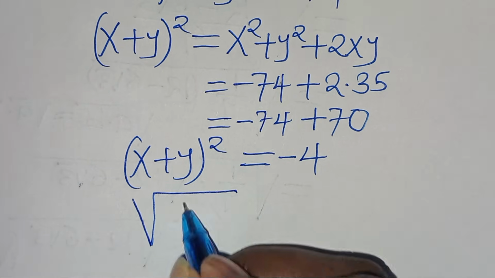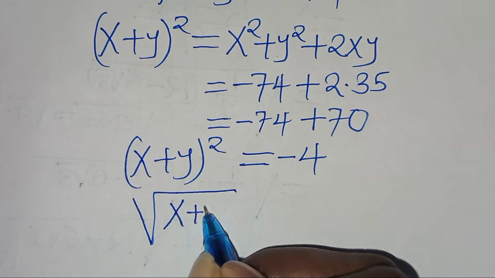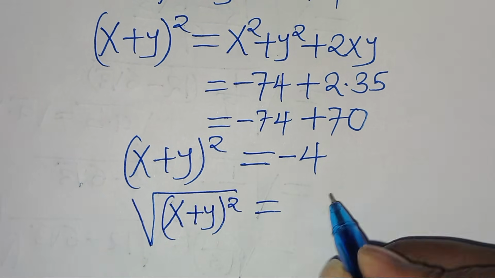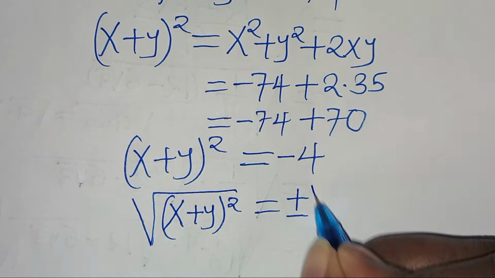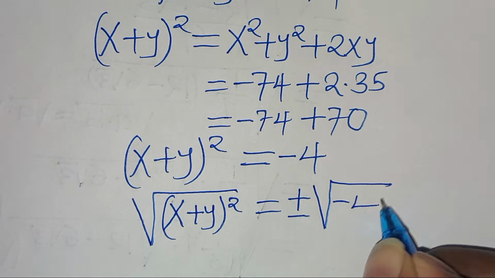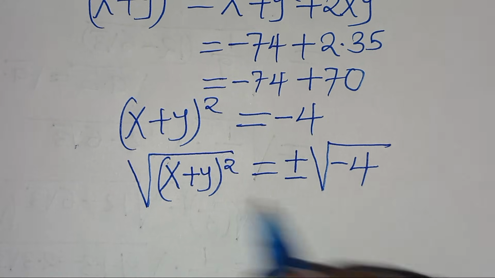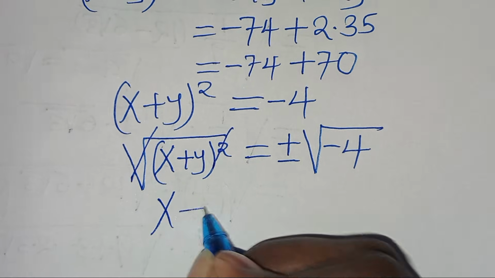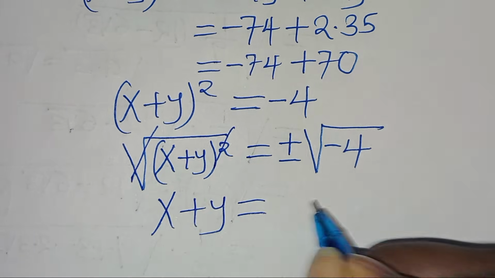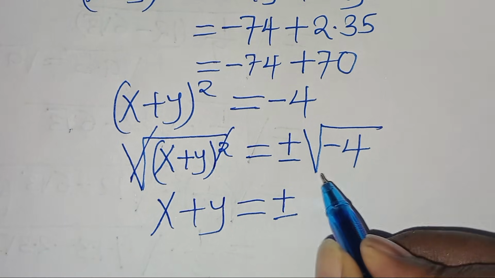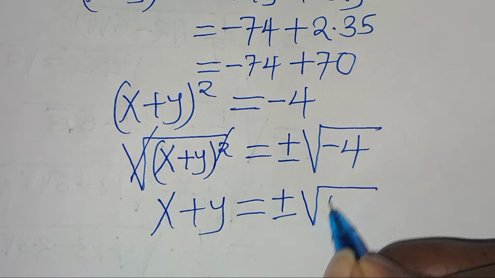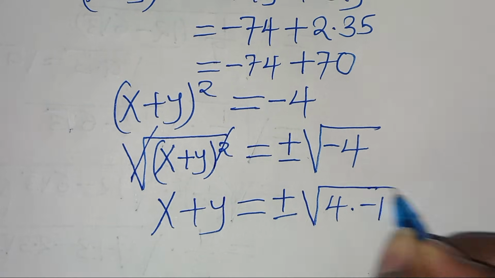And this means that to solve for the value of x plus y here, we introduce a square root on both sides, so that we have x plus y raised to the power of 2. This is equal to plus or minus the square root of minus 4. And that means that we eliminate the square root sign here, so that we have x plus y. This is equal to plus or minus. We can express the square root of minus 4 as the square root of 4 times minus 1.